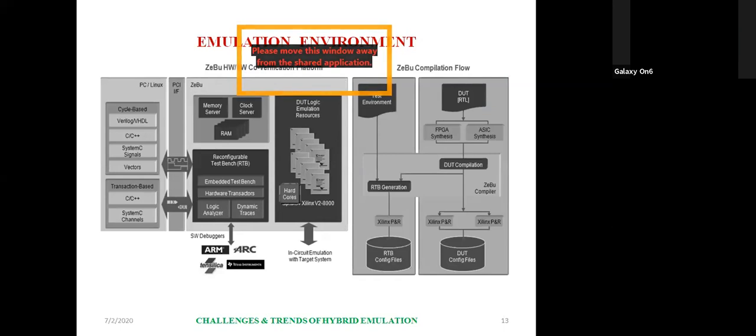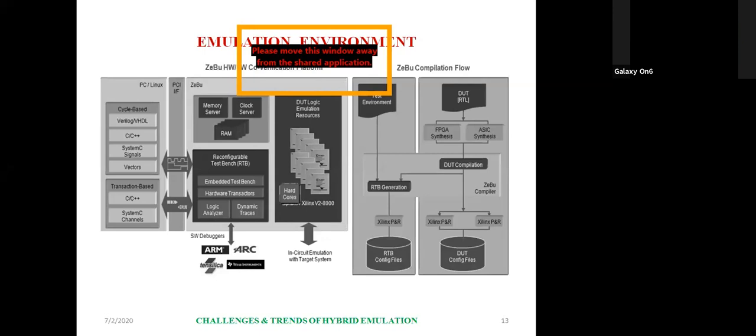Then you go for a DUT, design under test compilation. You go for a P&R, which will be provided by the customer's tools, whether it's Xilinx or Ultra or anyone, and you get the DUT configuration files. So when you give that, see here on the left side, you can see the test environment generation and Xilinx P&R and the different configuration files.